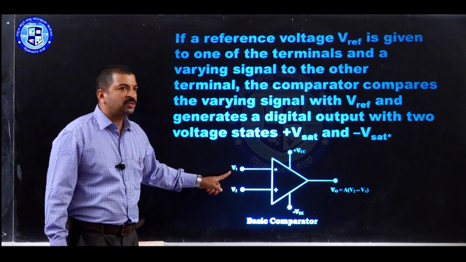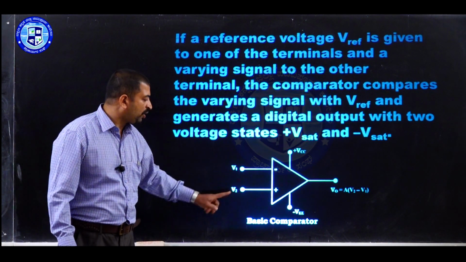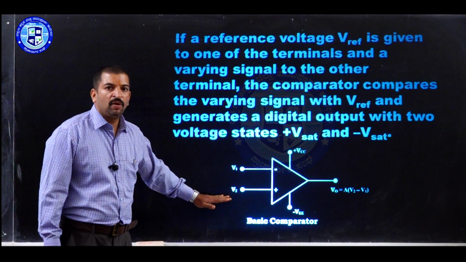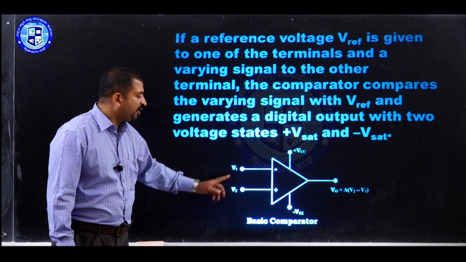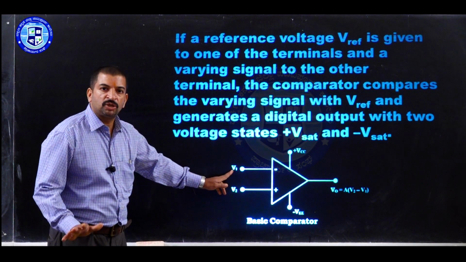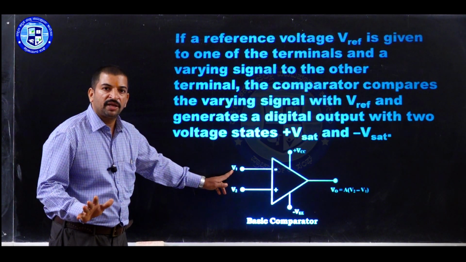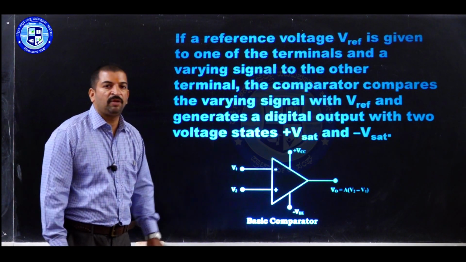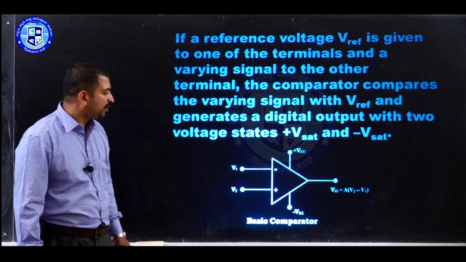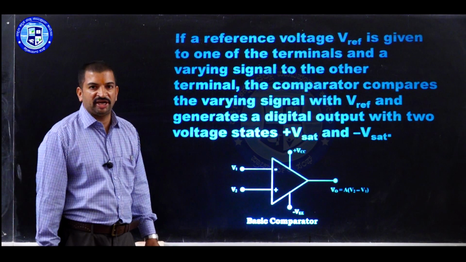Here, the input signal V1 and V2 are applied to the inverting terminal and non-inverting terminal of the op-amp. Initially, let us consider we are applying the input signal to the input terminal V1 only, or the inverting input terminal. Since the voltage gain of the op-amp is very high, the op-amp goes into saturation.